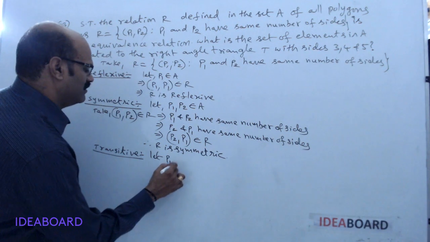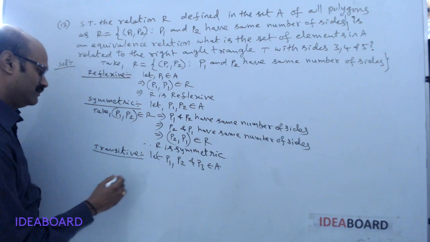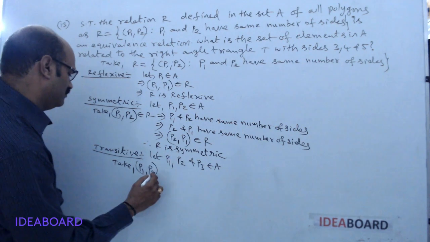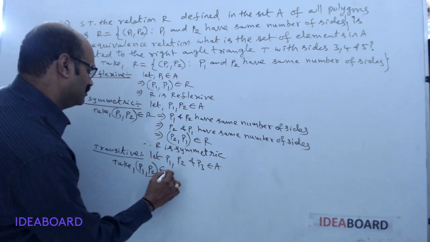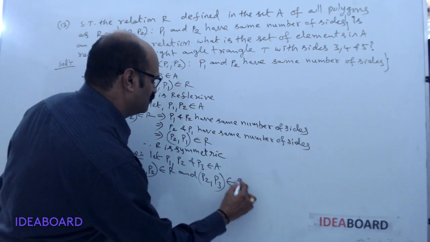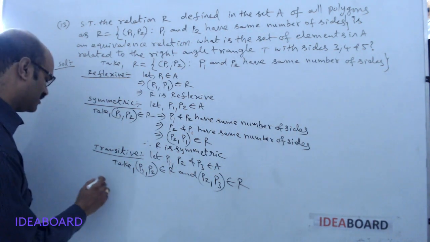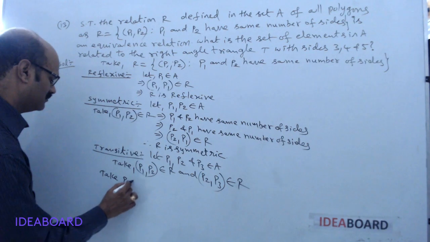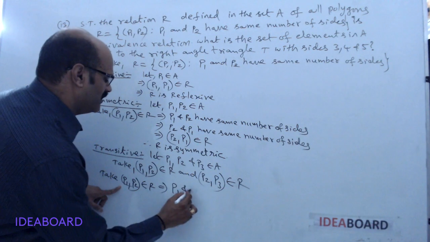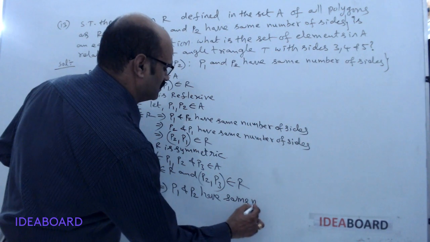Let P1, P2 and P3 belongs to A. Take P1 comma P2 belongs to R and P2 comma P3 belongs to R. Take P1 comma P2 belongs to R. It implies, we say that P1 and P2 have same number of sides.